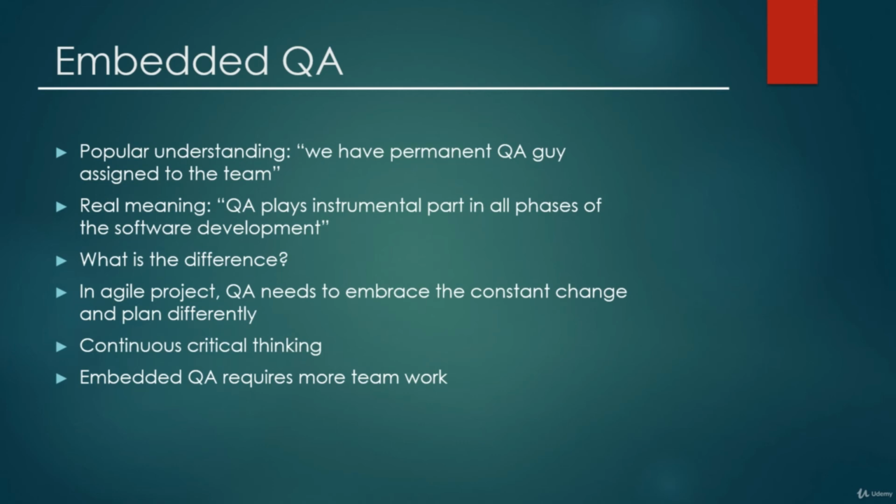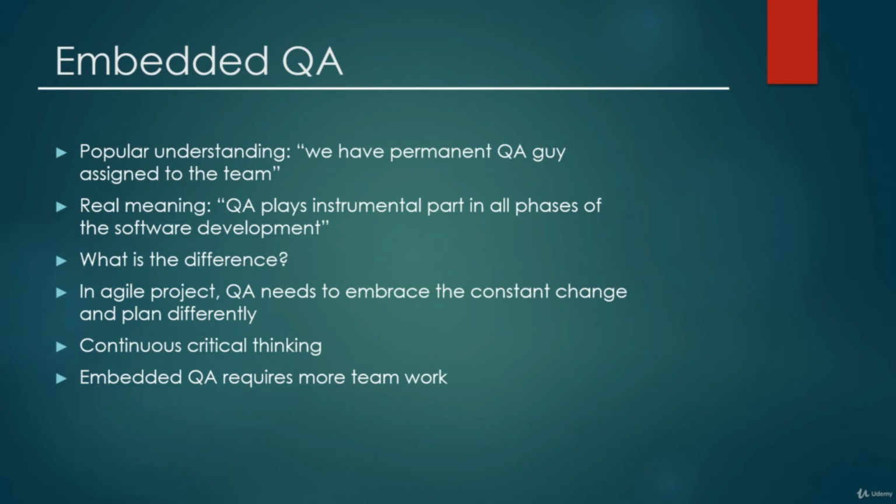What is the difference? Having a permanent QA guy means that we just have somebody who is there, but it doesn't really tell what role this QA person has. It could also be that we just have a QA guy who is going to be testing towards the end of the development cycle, so that nothing really changes.